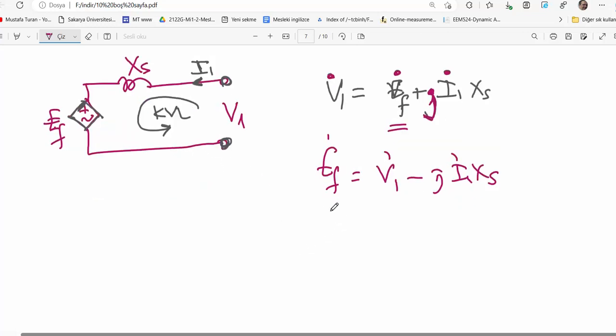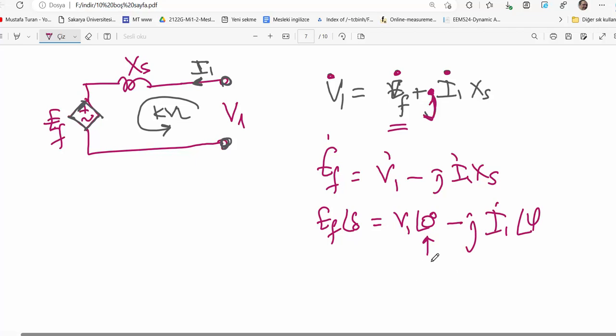To emphasize, here is an angle in polar form. That is the reference vector having zero phase displacement, minus j I1. Here is the phase difference with respect to reference, which is phi, the power angle, and here is XS, here is j.